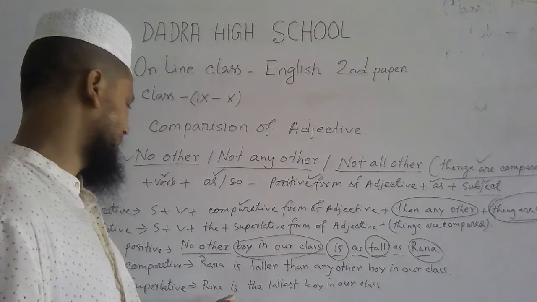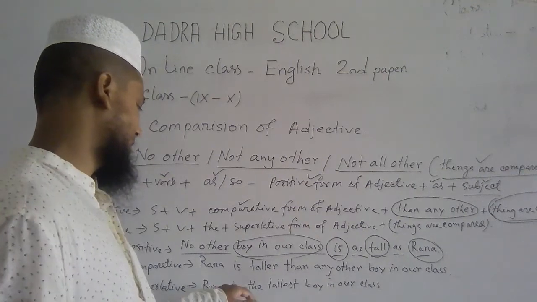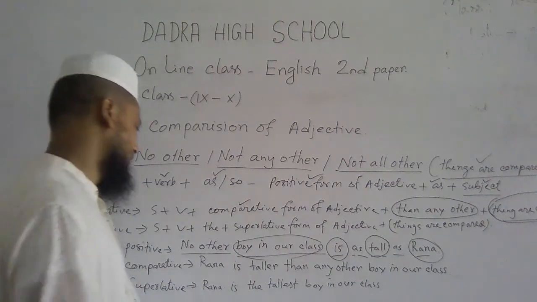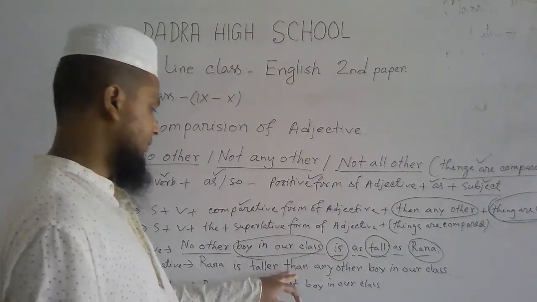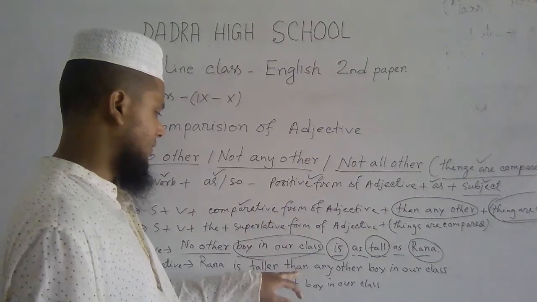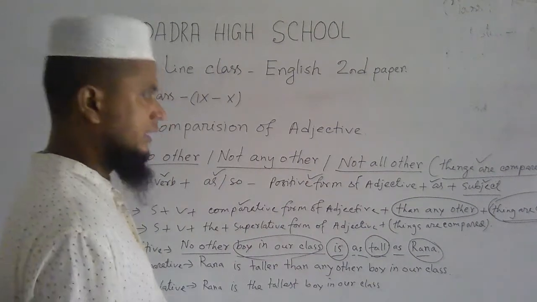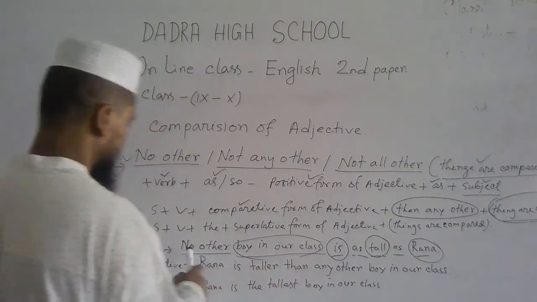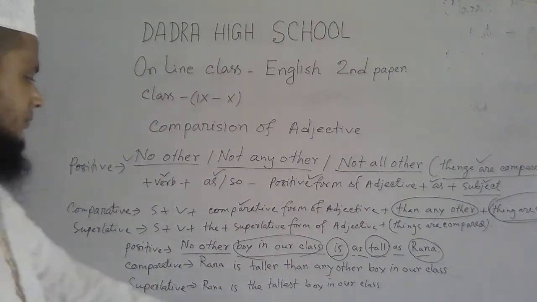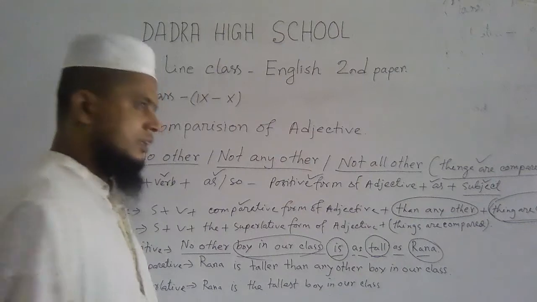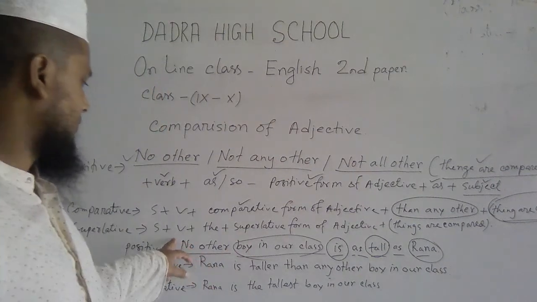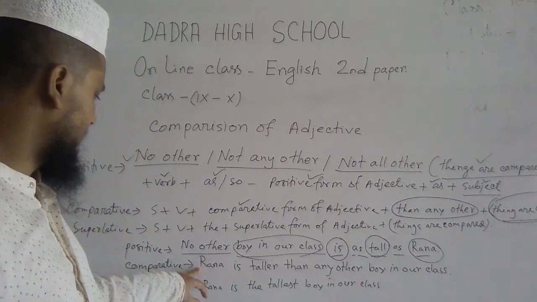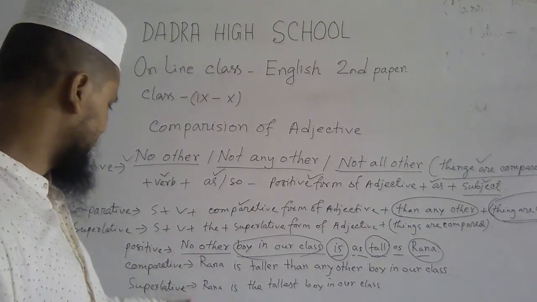If the superlative sentence takes the before its superlative form, and the comparative sentence takes any other, then in that case you will take no other for positive. And thus you can change positive into comparative into superlative, and superlative into comparative into positive, and comparative into superlative into positive.